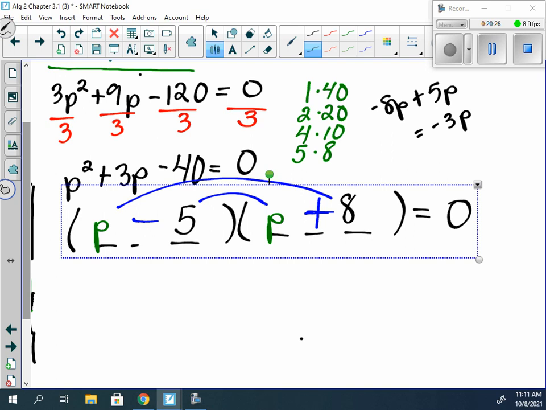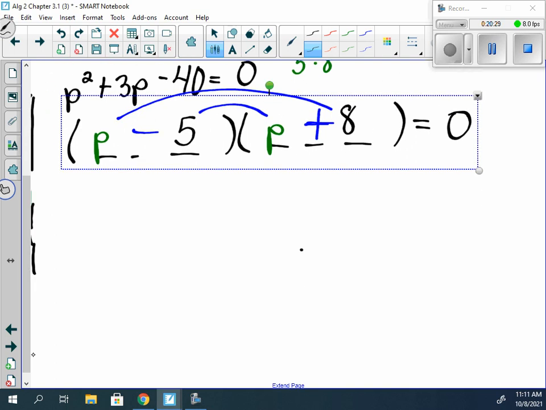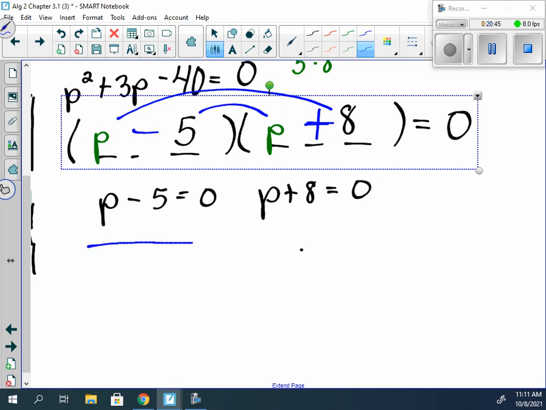Now at this point here, we do have two things being multiplied together and equaling 0, so we can set them both equal to 0. So either p minus 5 is equal to 0 or p plus 8 is equal to 0. So we can solve for each one.